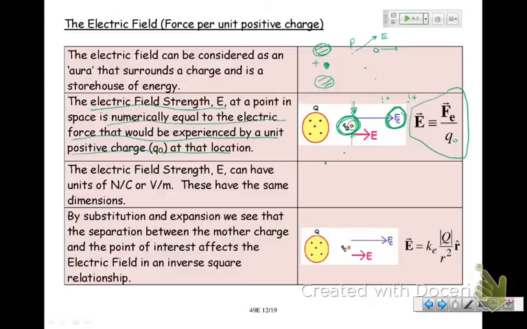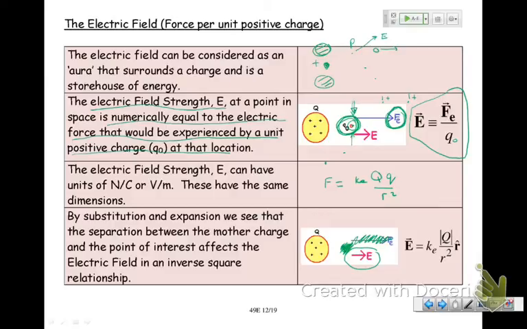Down here, I've got the same situation, but I'm going to say, forget about that charge. I just want to know about this guy. Forget about that force. I just want to know about this guy. And the way I do that is, well, what was the force? F is equal to Ke, big Q, little q, over R squared.